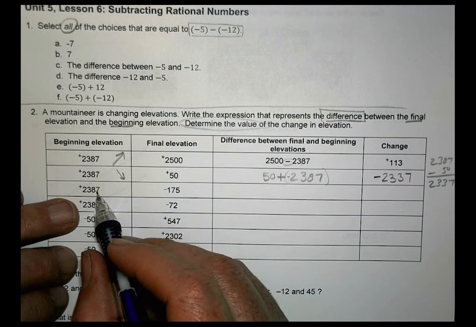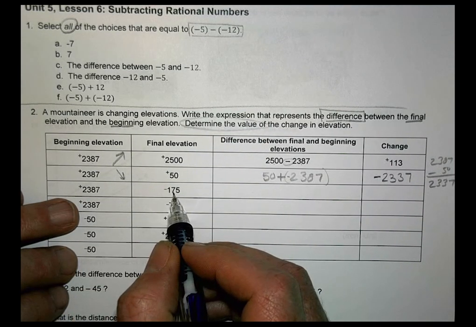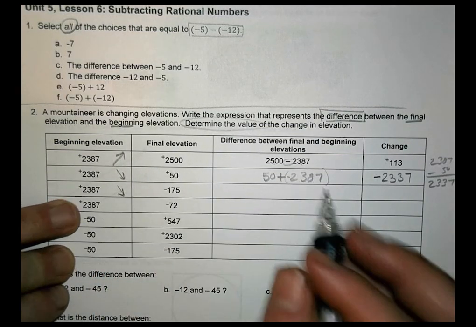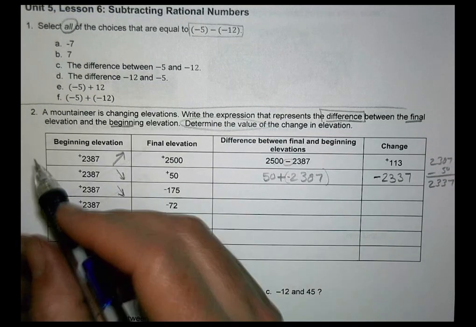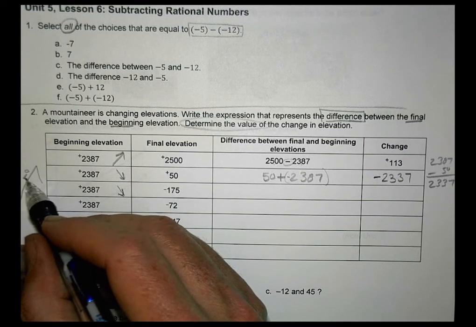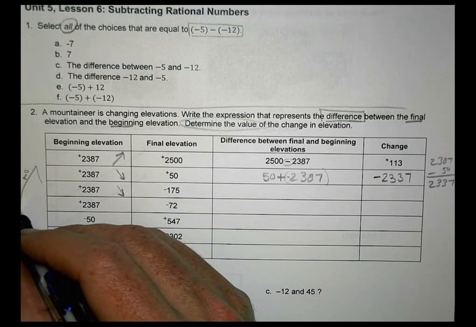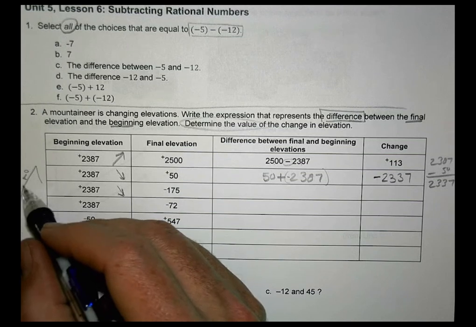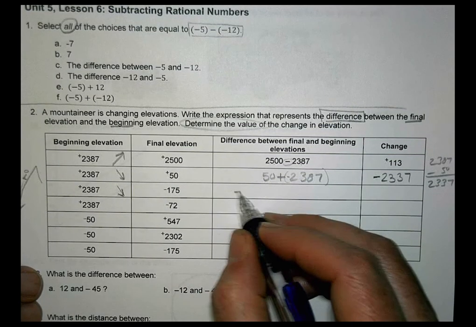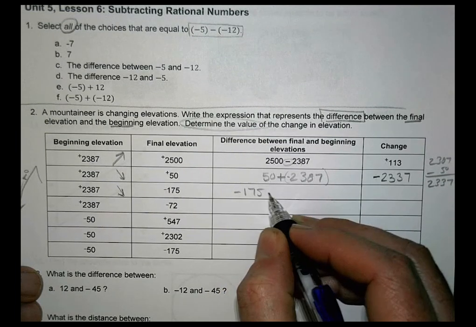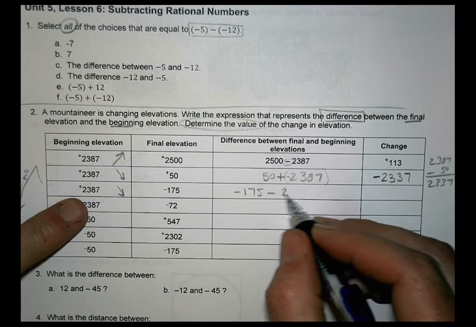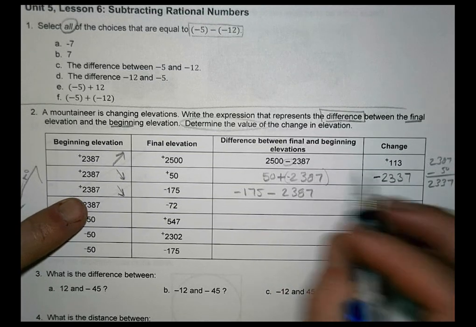Here we have 2387 and we end up at -175. So again, that's another major decrease. We're going below. It's almost like you're up on a cliff, and the problem is the cliff is above sea level, and you're going to go even below that. So to find the difference, we do -175 minus 2387.